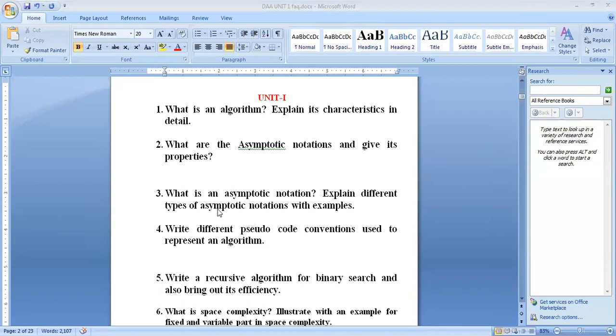Now, what is an asymptotic notation, and the types of asymptotic notations with examples.